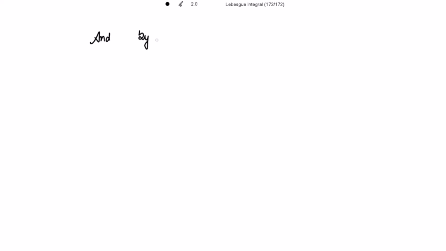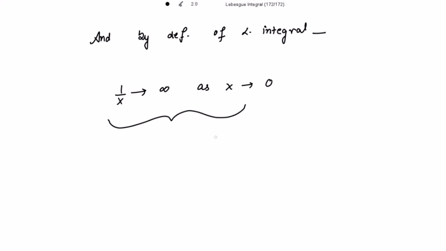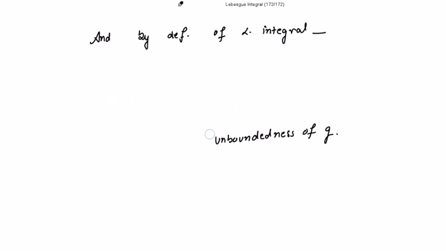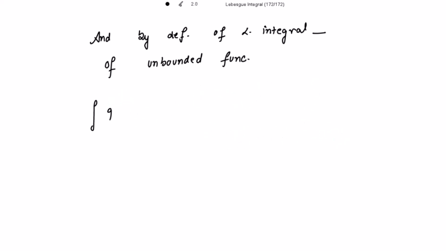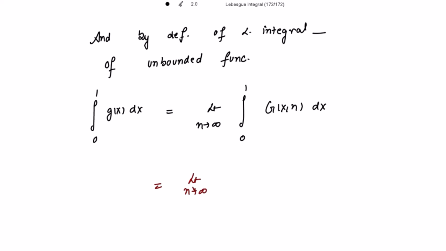And again, by definition of Lebesgue integral, because 1 by x is again tending to infinity as x tends to 0, this is the condition for the unboundedness of g. So by definition of Lebesgue integral, the integration of g(x) dx from 0 to 1 is equal to the limit as n tends to infinity of the integration of g_n(x) dx.